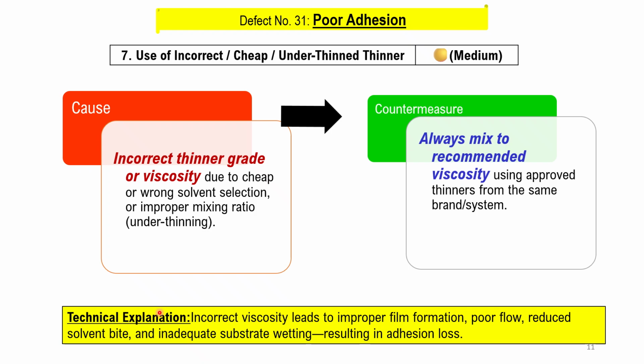Incorrect viscosity leads to improper film formation, poor flow, reduced solvent bite, and inadequate substrate wetting, resulting in adhesion loss. Our recommendation is to always mix to the recommended viscosity using approved thinners from the same brand and system.